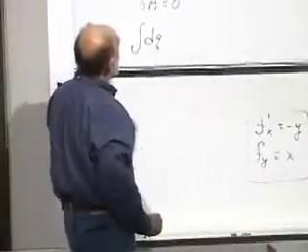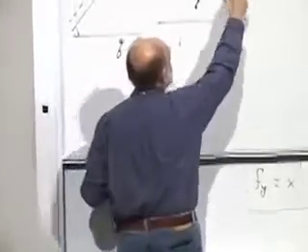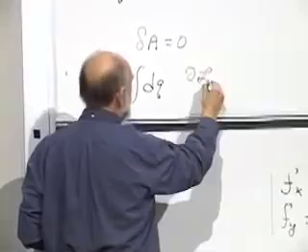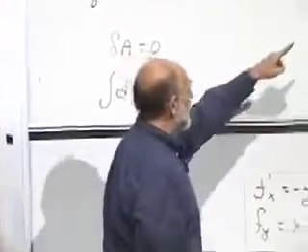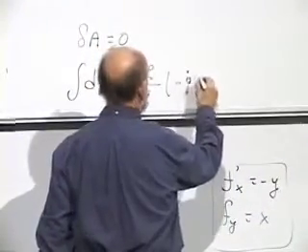The first contribution comes from the region between TA and TB. And that's equal to the derivative of the Lagrangian with respect to Q times delta Q. But what is delta Q? That's minus Q dot times epsilon.